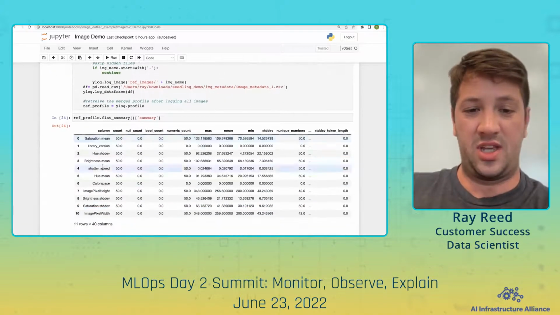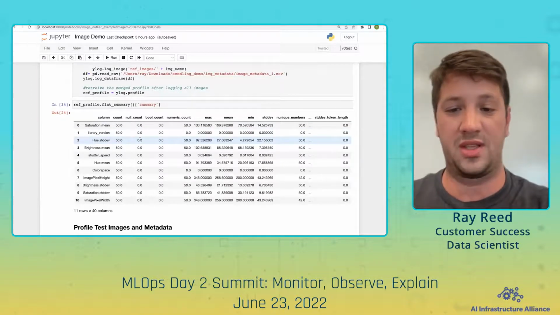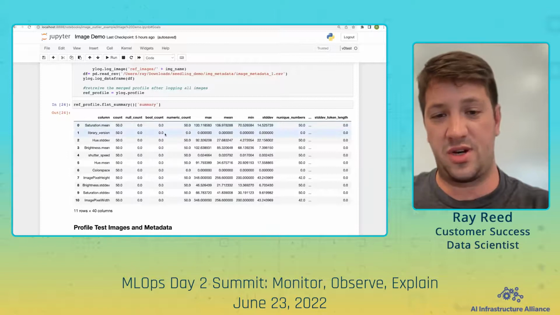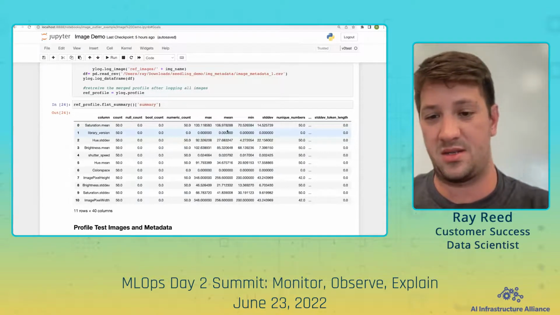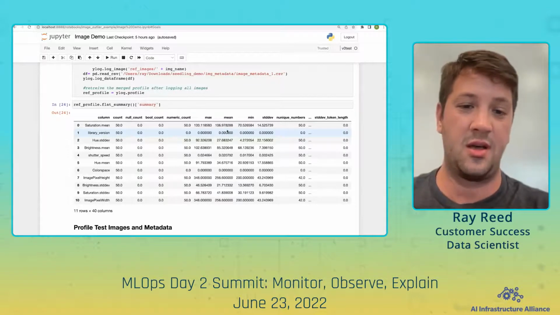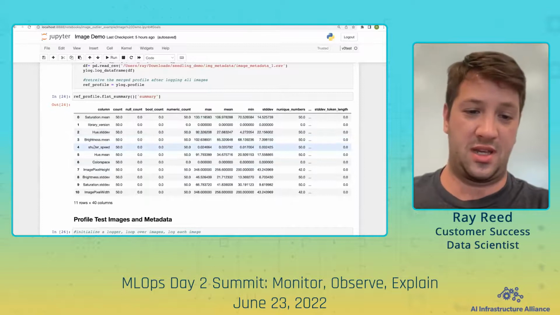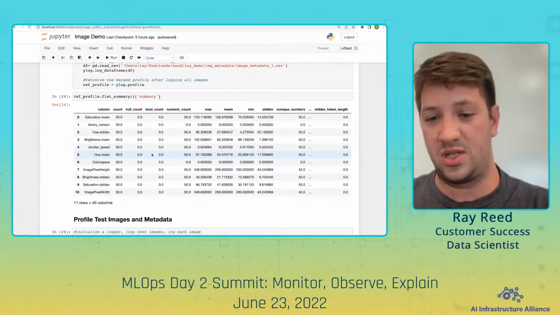So I log each of these. I could generate a summary of the profile that's been generated from profiling this set of images. I could see things like the saturation, the mean, min, max, some basic descriptive statistics about the distribution of those metrics. And I also see things like the shutter speed, which is captured for these images as well.